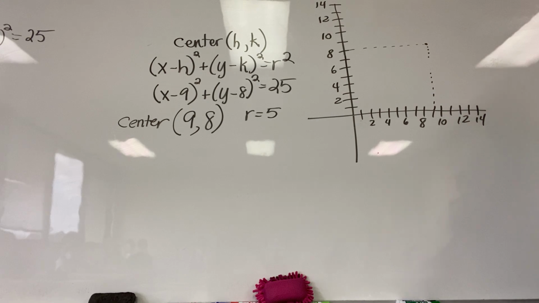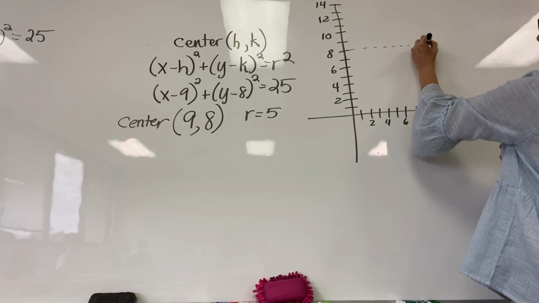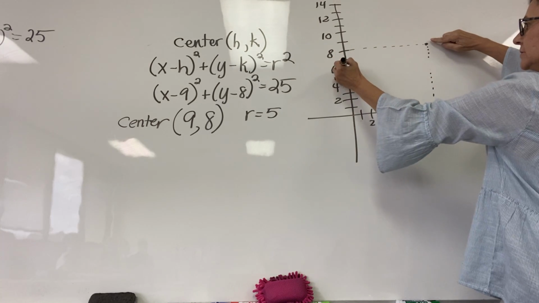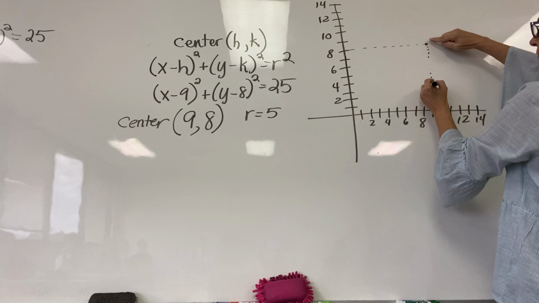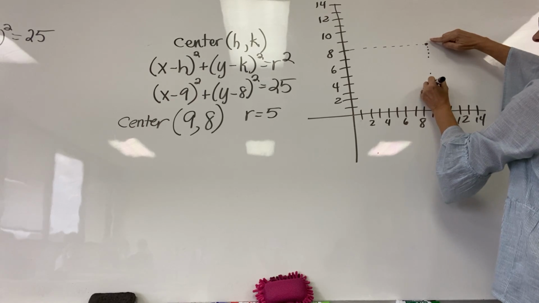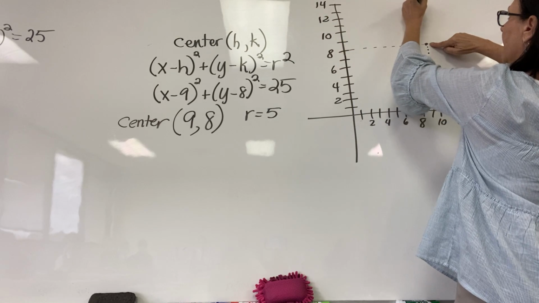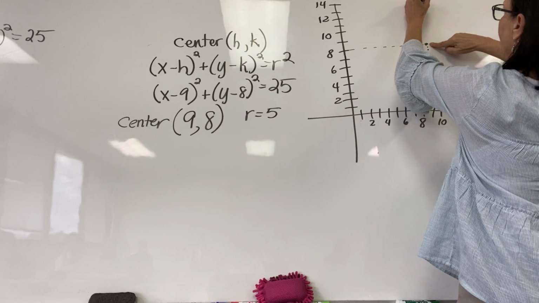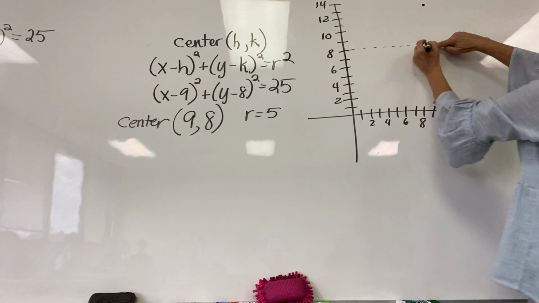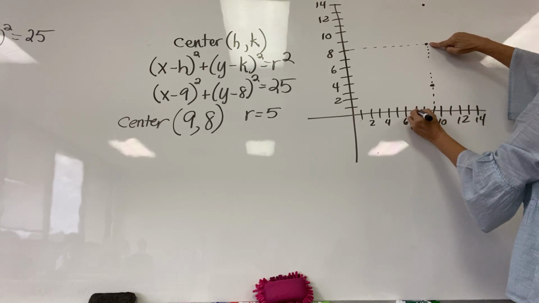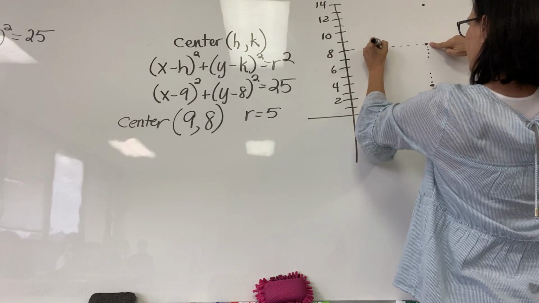Got it? My radius is 5. I'm going to go down 5. 1, 2, 3, 4, 5. So here's going to be the edge of the circle. I'm going to go up 5. 1, 2, 3, 4, 5. So about here. I'll go left 5. 1, 2, 3, 4, 5. So about here.